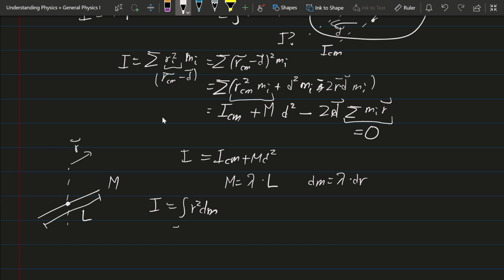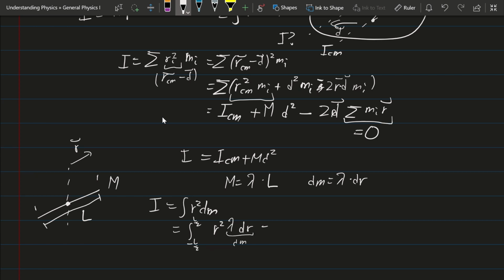So doing this, we would obtain the integral from negative L over 2 towards L over 2. So basically we start from the positions from here towards here, and then the r squared, and the dm is substituted to be the lambda dr. This is dm.